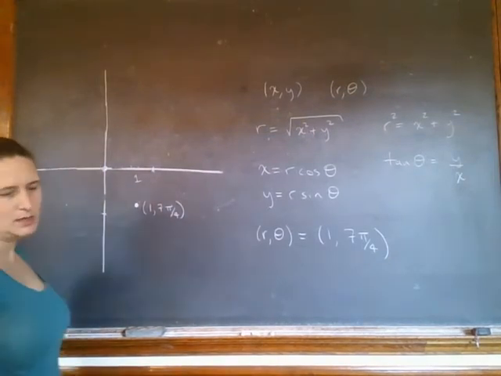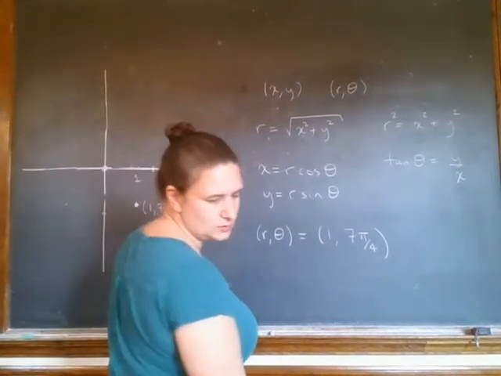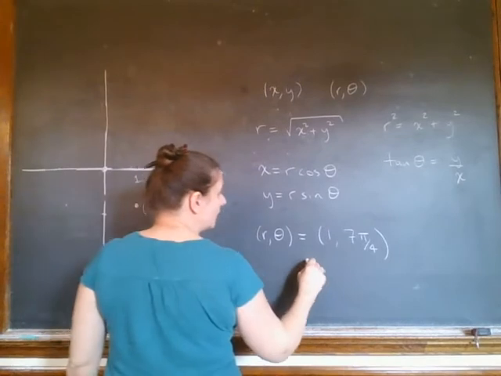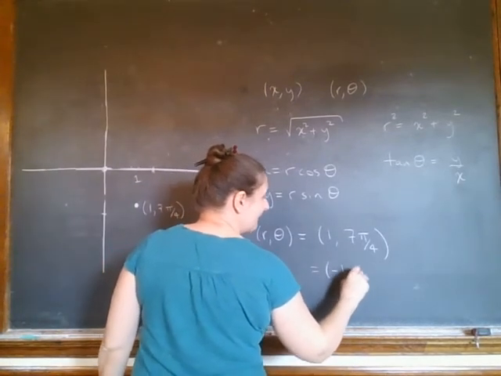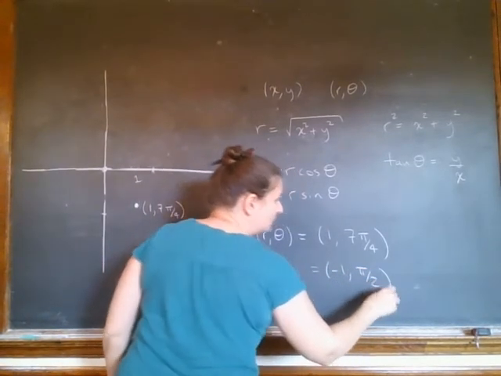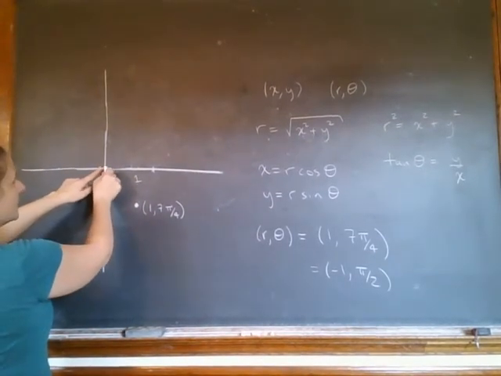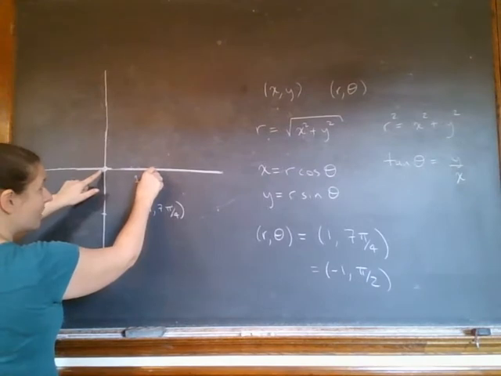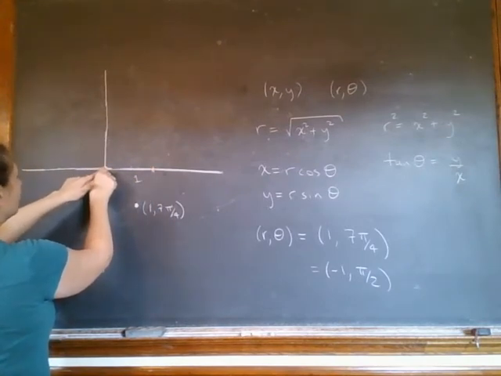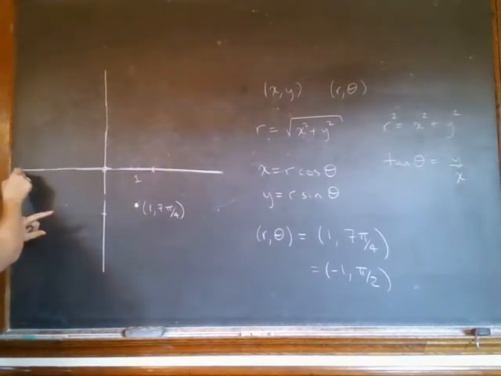Okay. Another one, let's do one that's negative. So what do I mean when I have a negative value? Notice for the first one, whenever it's a positive, I'm going to go straight out. For a negative value, I'm going to go in the negative direction, backwards.